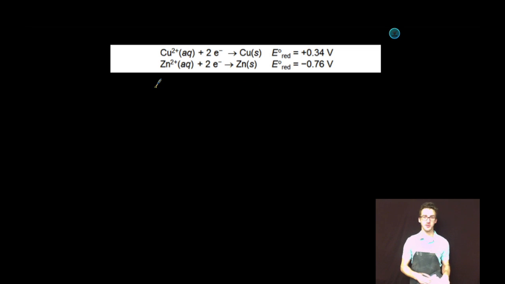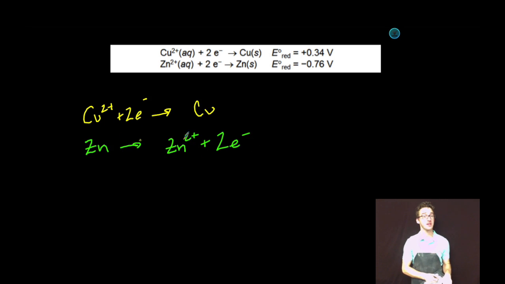We've got two options. Our first option, copper is going to be reduced and zinc will be oxidized. Notice I flipped the reduction half reaction. As I assign potentials to these half reactions, my reduction half reaction is going to come from the reduction potential provided.